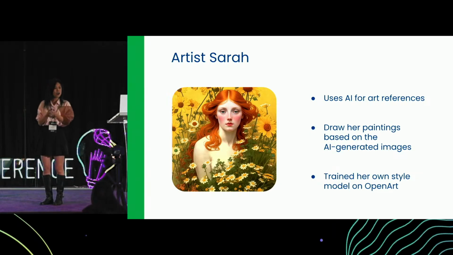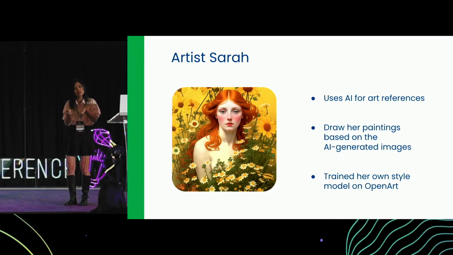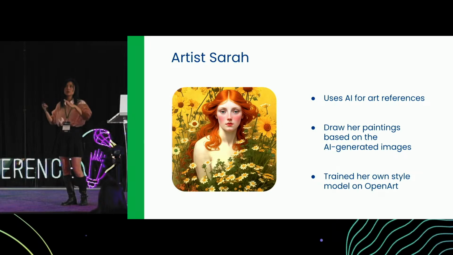However, she's one of the artists that's open-minded enough to try out AI-generated images. So when I talked to her, she had been using our platform for months to generate these AI art images as her own art references. Note that this is not copying what AI does. In fact, she draws these references and then she generates images on our platform.